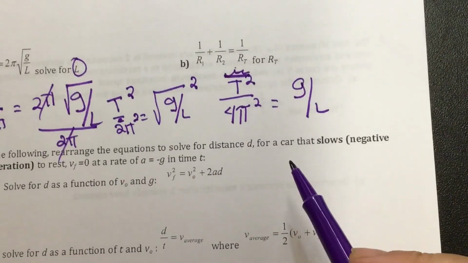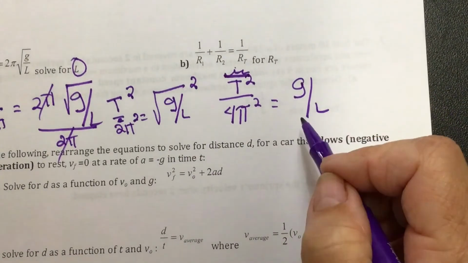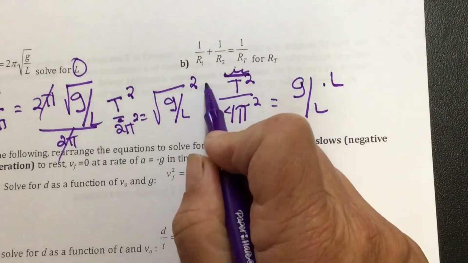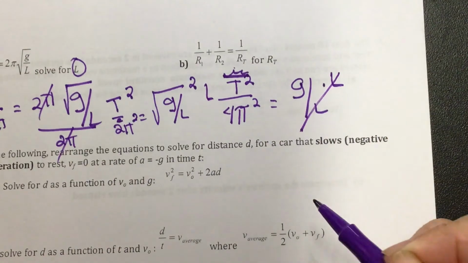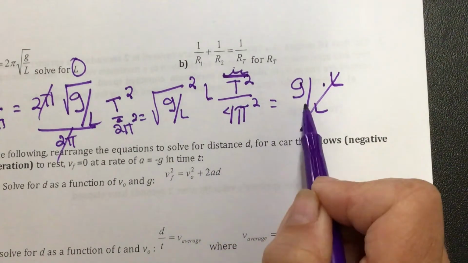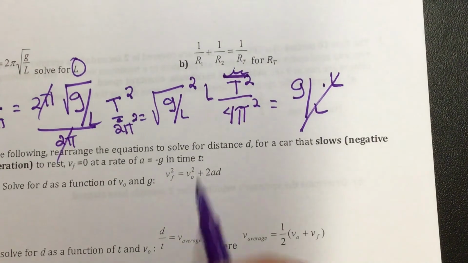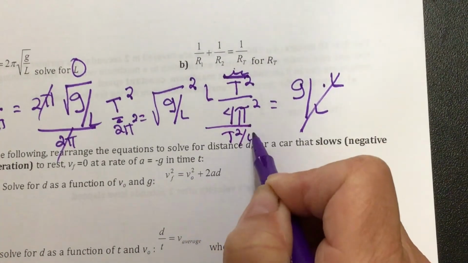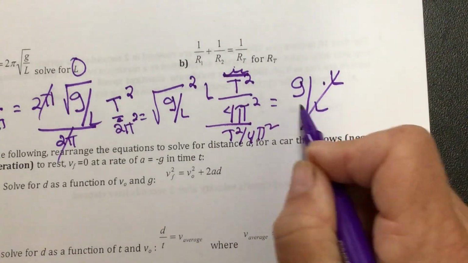So what do I do next? Well, the next thing I can do is multiply both sides by L. All right. And I get L times t squared divided by 4 pi squared equals g. And I can divide both sides by t squared divided by 4 pi squared.